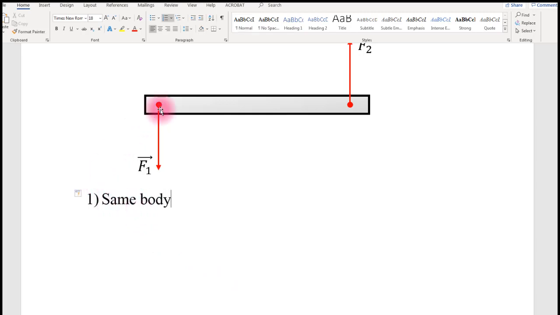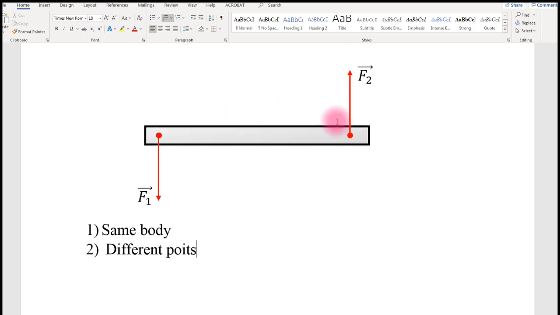That means if one force is acting on one body and the second force is acting on another body, then it cannot be called a couple. Number two, two forces must act at two different points, like this figure.